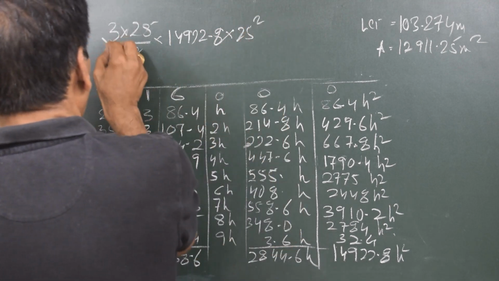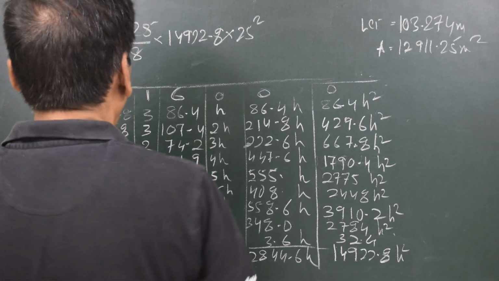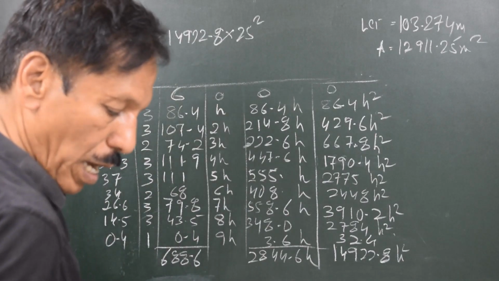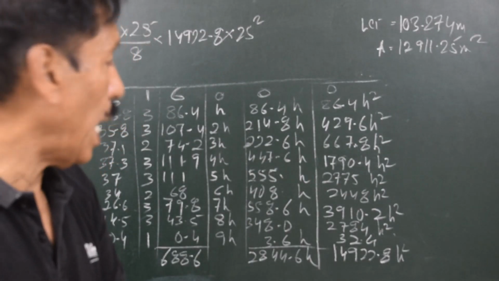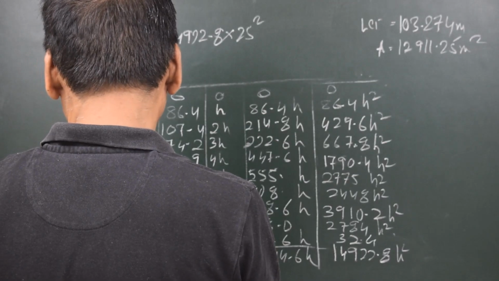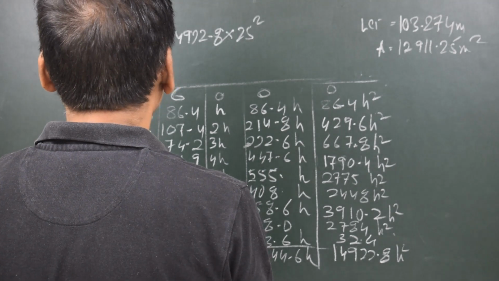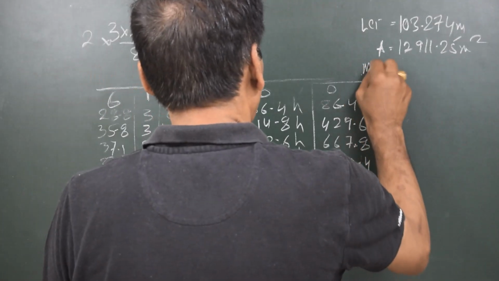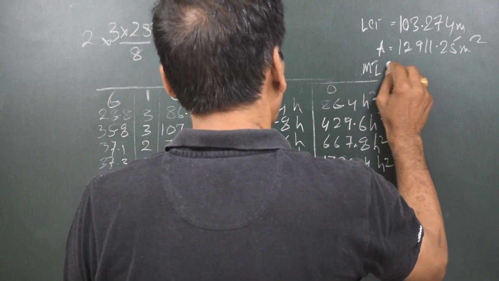This is the moment of inertia for the half side, and if I want the full side I'll have to multiply by 2, and this is 150 into, gives me the moment of inertia.